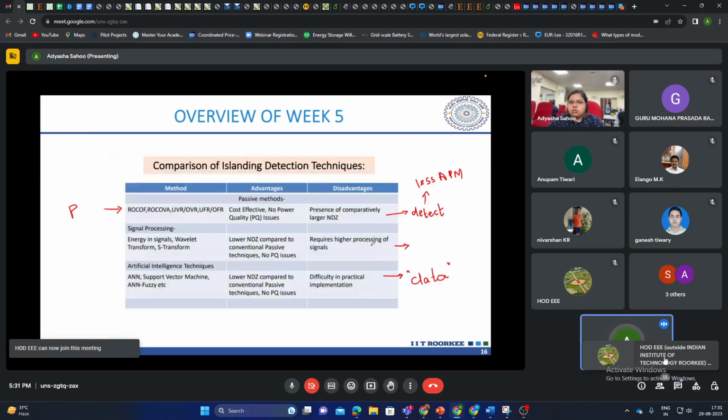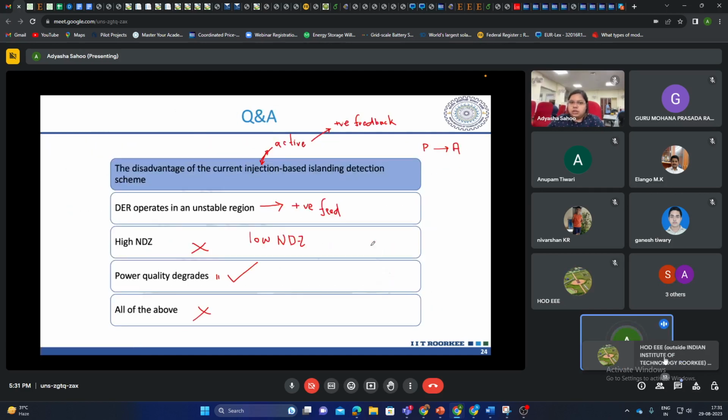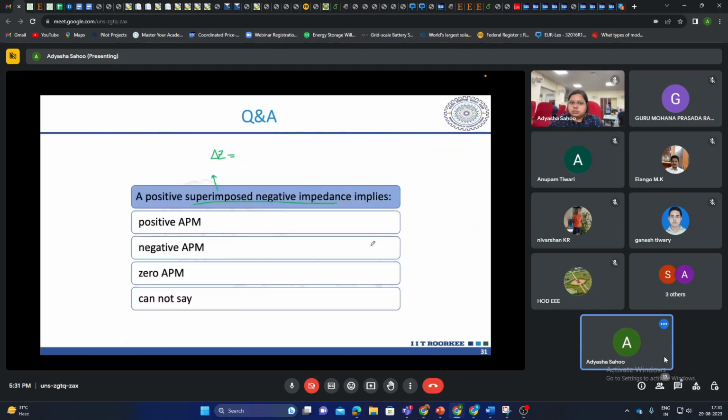So mathematically, this delta Z2, which is Z2 post minus Z2 pre, their difference is positive, implies it is greater than 0, right?